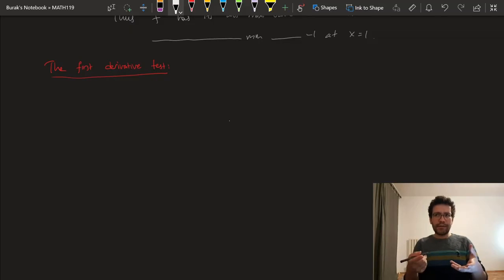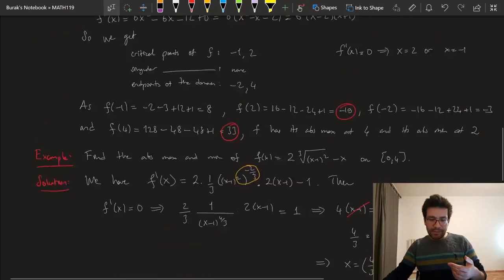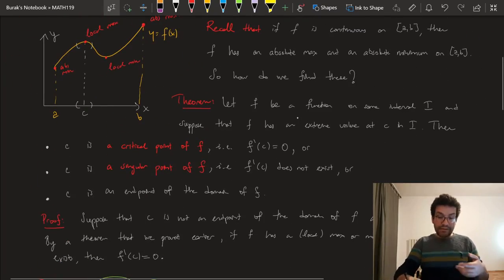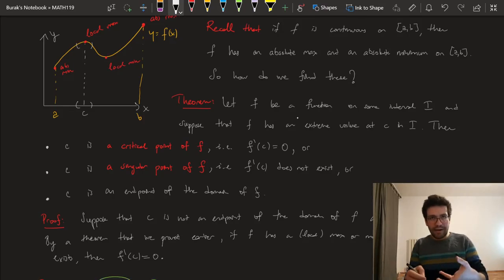Like, how did we do that? I mean, the theorem, this specific theorem, I did not specify what kind of extreme value I have here. I mean, this also works for local maximum and local minimum as well. But like, how are we making sure that we're searching for something that actually exists?